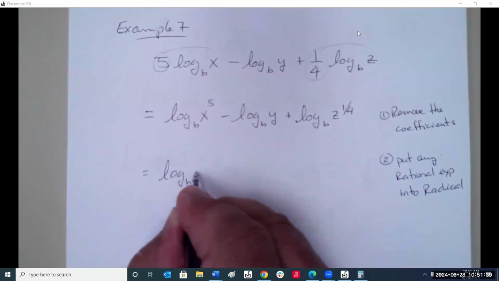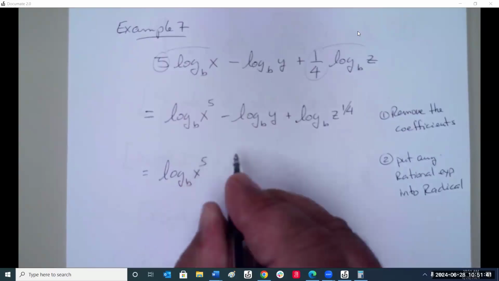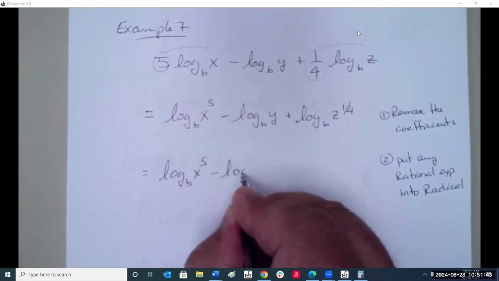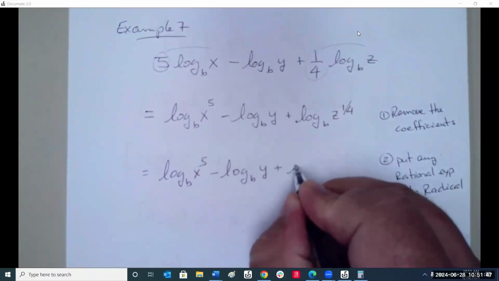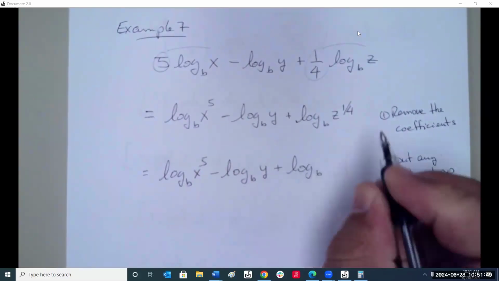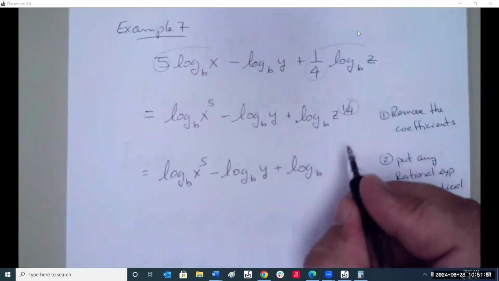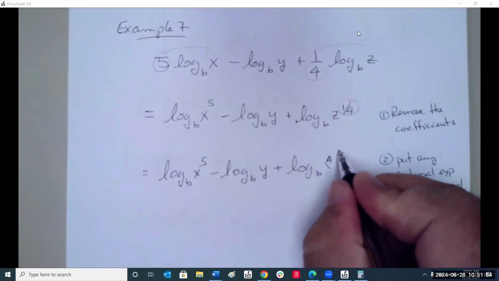So log base b of x to the 5th minus log base b of y plus log. So this is a 1/4 exponent, which means it's the 4th root of z.